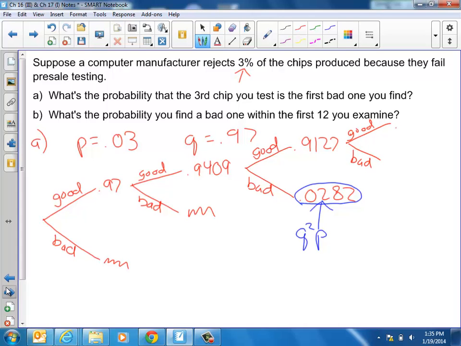We would have 0.8853 multiplying again just the 0.9127 times 0.97 and 0.0274 to find the probability that we found a bad chip on the fourth draw. That, note, is 3 failures. We found 3 good chips followed by 1 success. We found a bad chip on the assembly line.